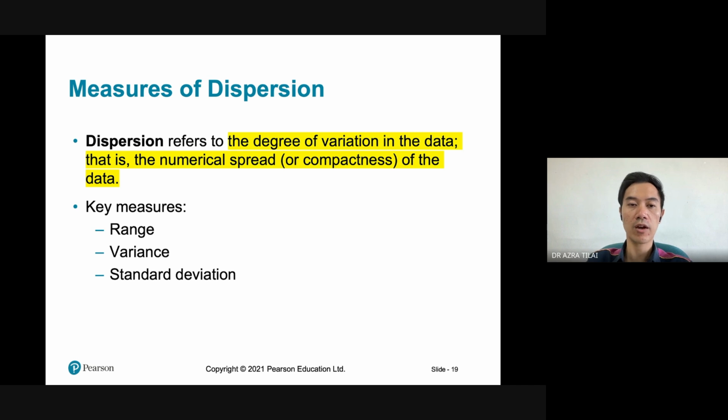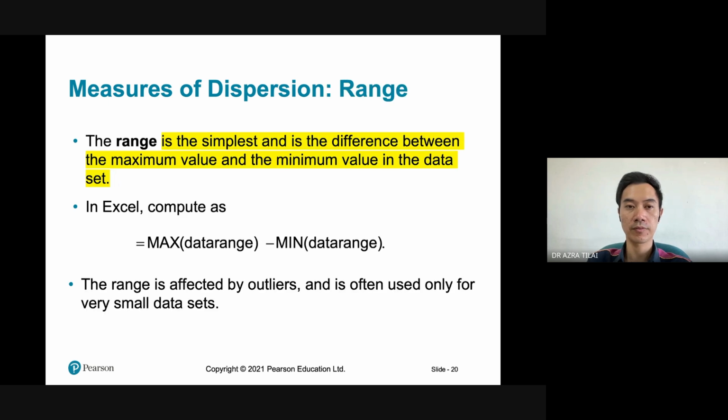So one of the few key measures that is being used, the first is range, second is variance, and the third one is standard deviation. What is range? Range is the simplest and is the difference between the maximum value and the minimum value in the data set.